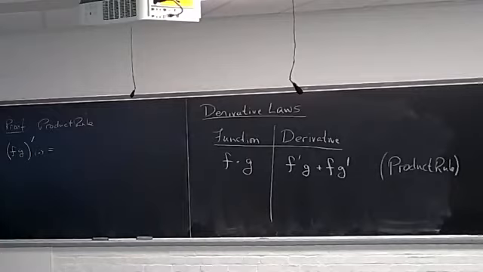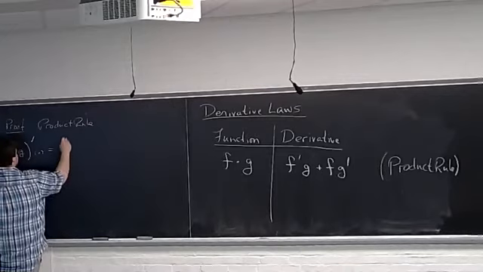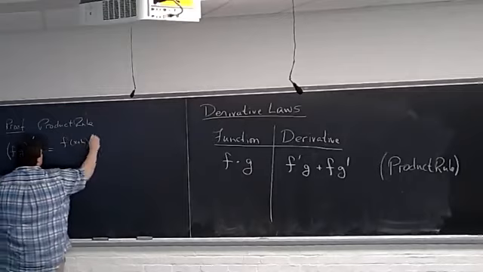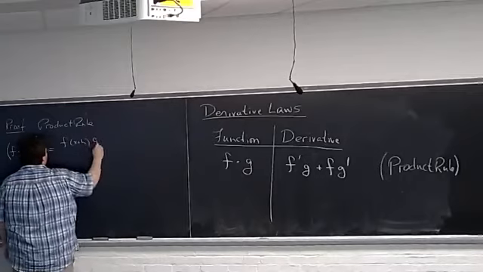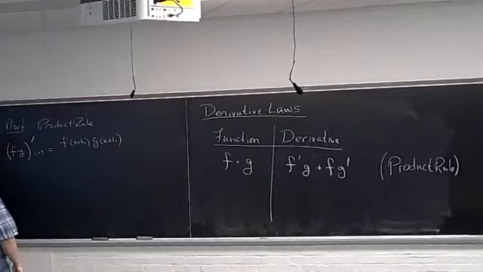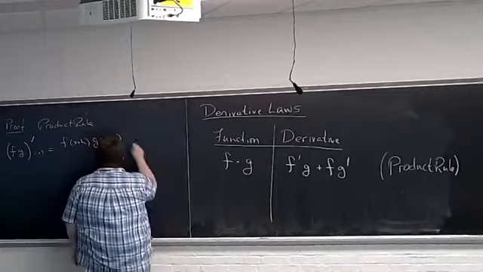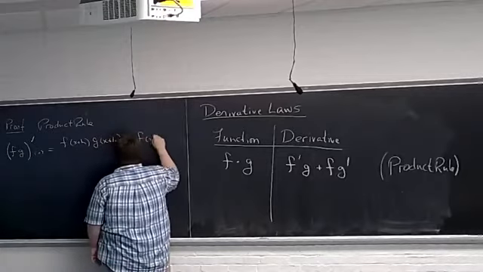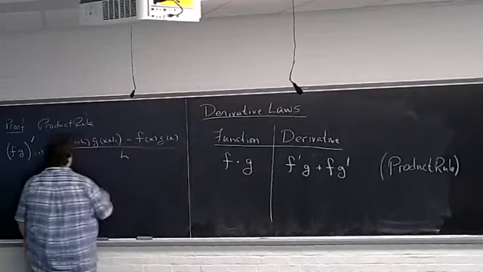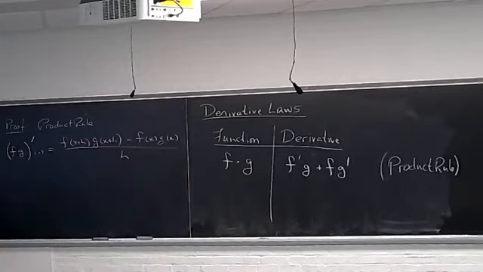So we have a product of functions, f and g. We want their derivative. Well, replace x with x plus h. So replace all x's with x plus h, we get f of x plus h, g of x plus h, minus, leave the x's alone, f of x, g of x, all over h.